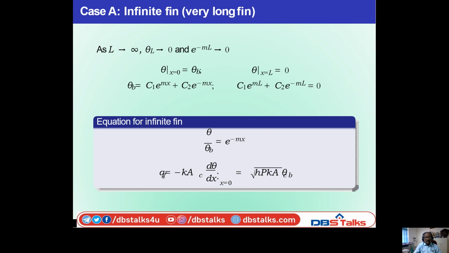For a very long or infinite fin, the heat transfer equation is square root of hPkA into theta suffix b, where h is the convective heat transfer coefficient, P is the perimeter, k is the thermal conductivity, and A is the cross-sectional area. This is the heat transfer equation, and the earlier one is the temperature distribution equation.